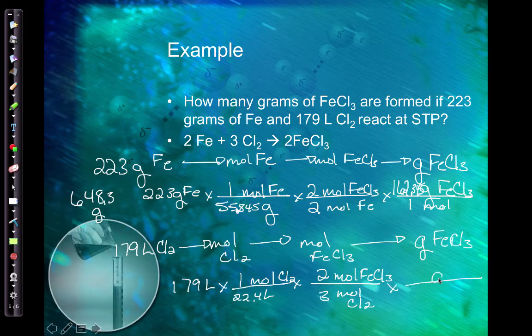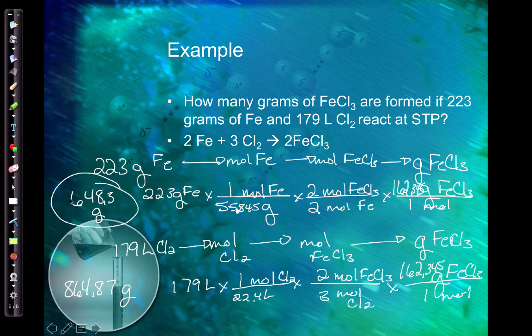So now I'm going to go to grams. And the molar mass is still the same. All right, so then when I calculate this out, I'm going to get 864.87. Okay, so now I've got 2 answers. I pick the smallest answer. So the smallest answer will be the amount of iron chloride that I can make.